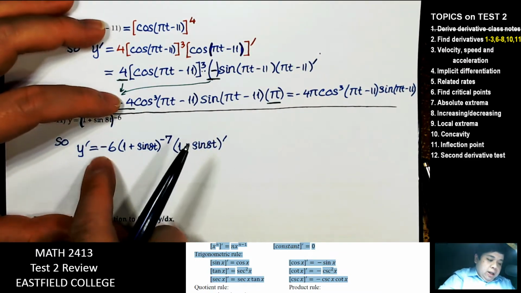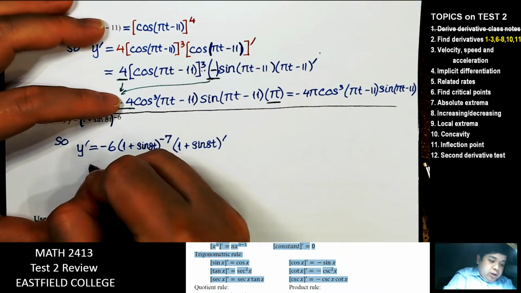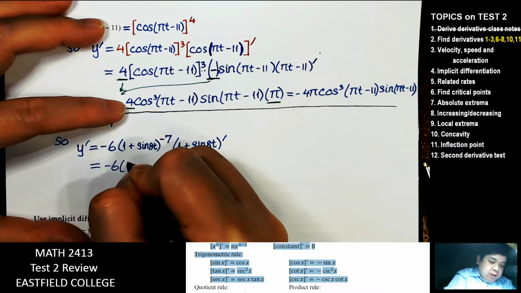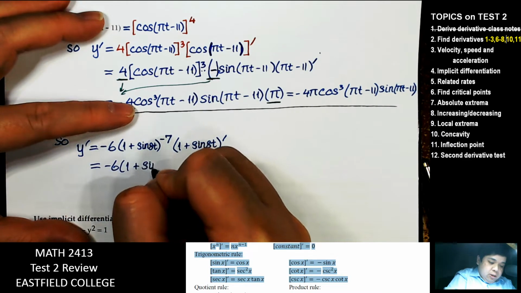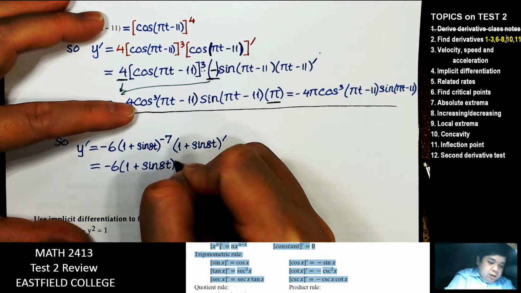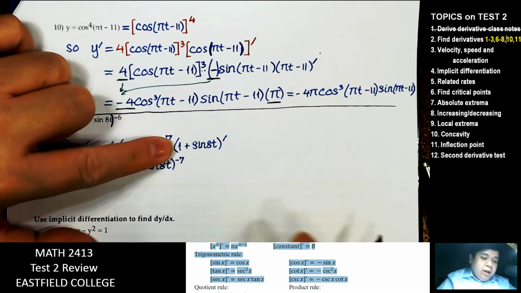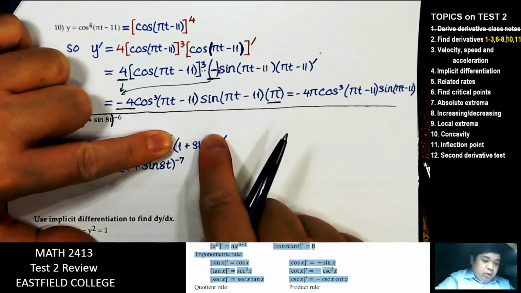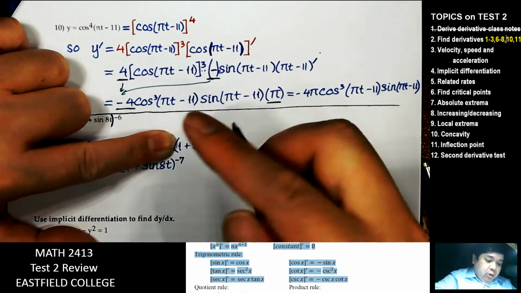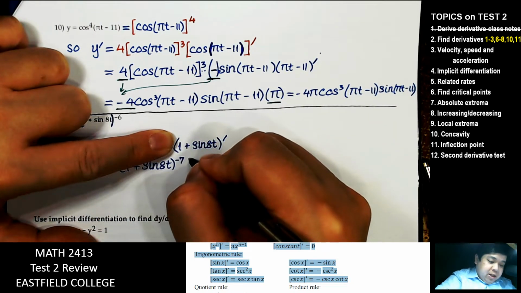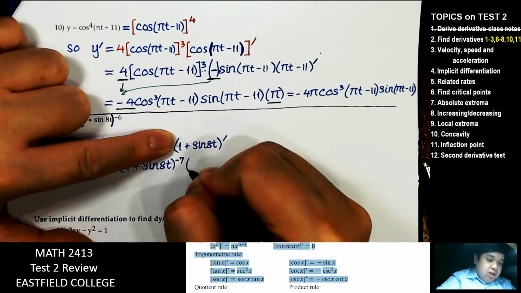Now all of this is unchanged. Now we focus on this derivative. The derivative of 1 is 0, so that's just that.